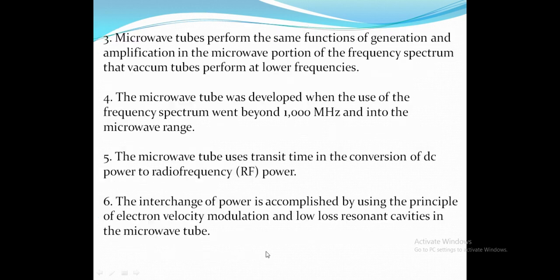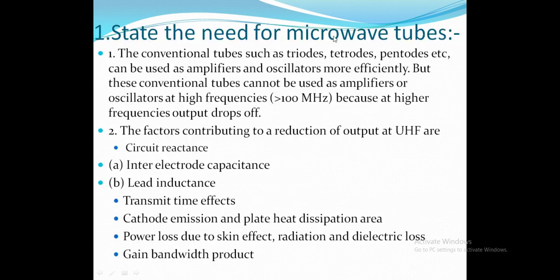Microwave tubes perform the same function of generation and amplification in the microwave portion of the frequency spectrum that vacuum tubes perform at lower frequencies. At high frequencies we use microwave tubes. The microwave tubes were developed when the use of the frequency spectrum went beyond 1000 megahertz into the microwave range.